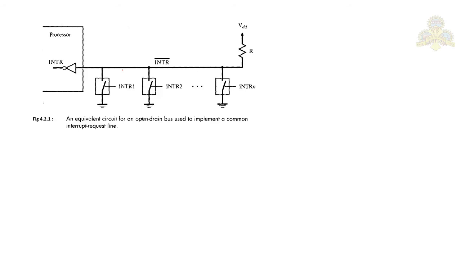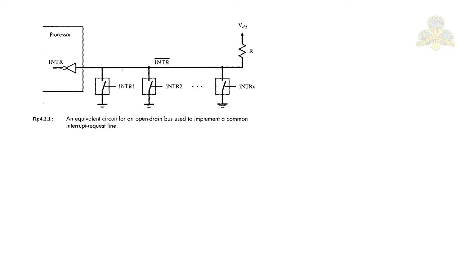If two devices have activated the line at the same time, it must be possible to break the tie and select one of the two requests for service. When the interrupt service routine for the selected device has been completed, then the second request can be serviced.